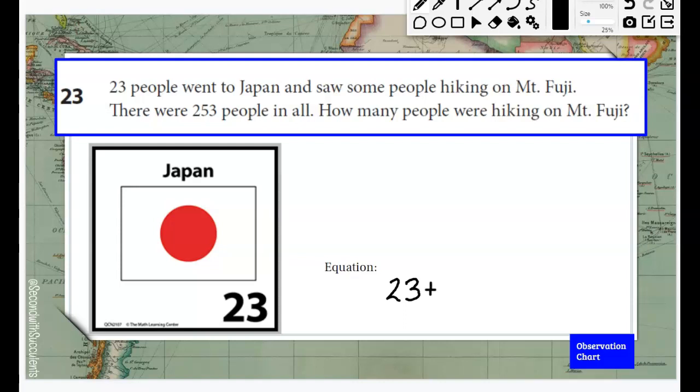They saw some people hiking on Mount Fuji. There were 253 people in all. We want to know how many people were on Mount Fuji. Our missing part is one of our two add-ins. Can you solve this problem using an open number line? Take a moment to solve it.